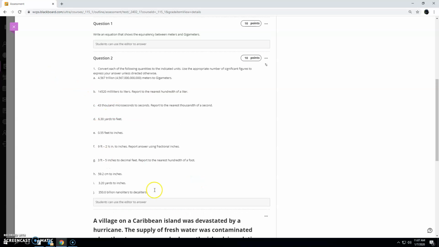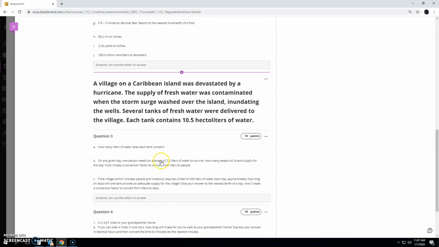What I'm asking you to do in question number 2 is to label your answers. So anyway, take each of these conversions and convert them to the unit specified. I would expect that you're not going to do this by hand. It's not a surprise that you can Google the answers and say convert to. That's exactly what I want you to do. I want you to just experience the fact that we can go between measurements.